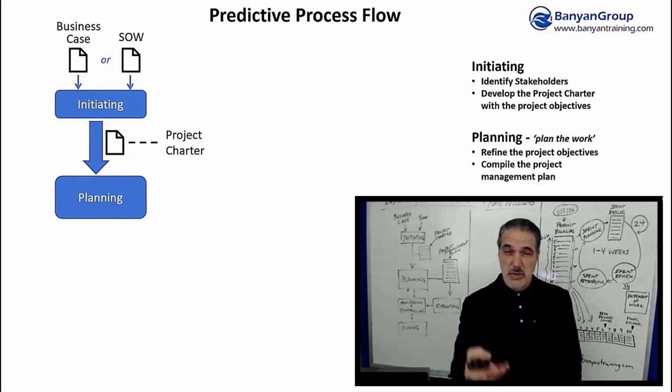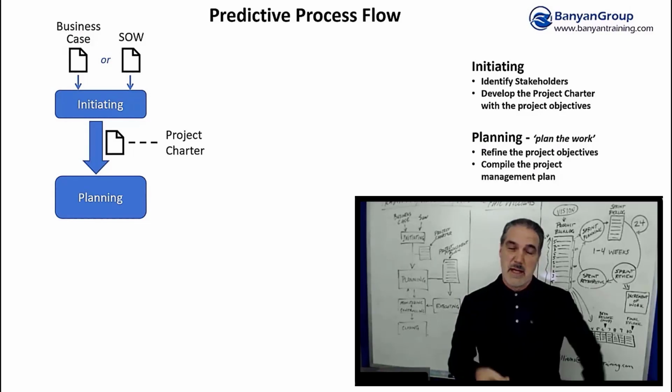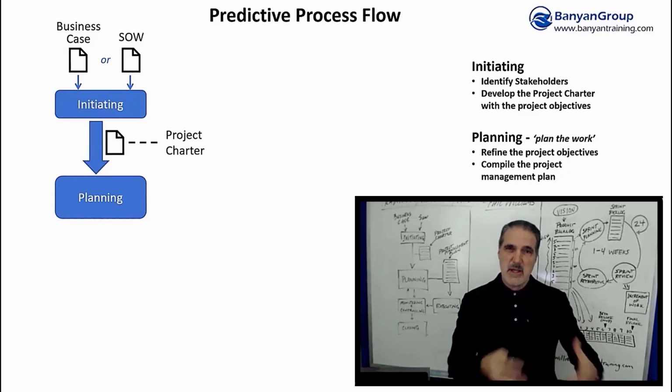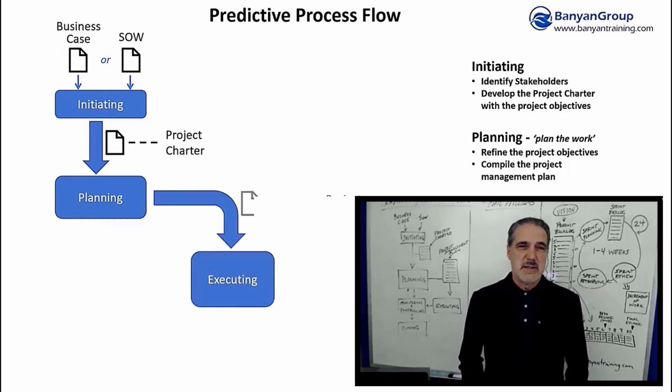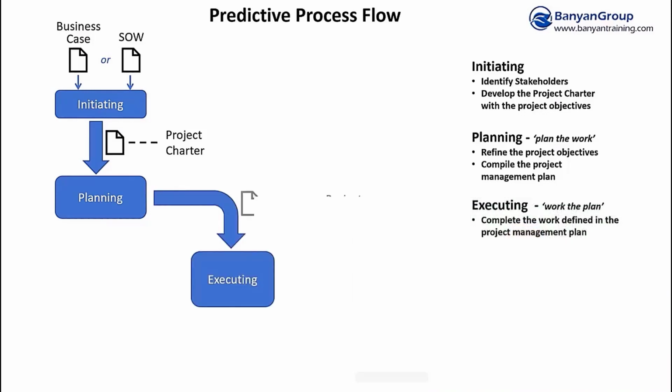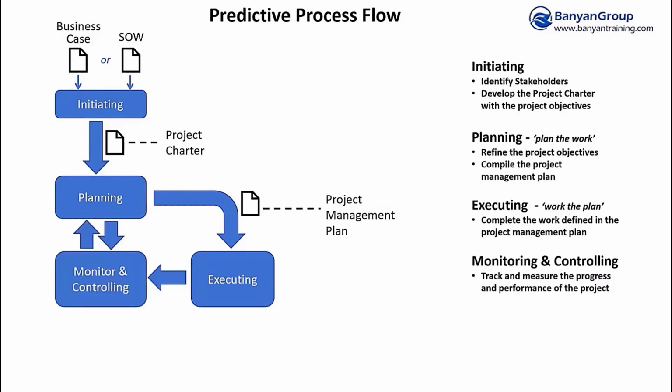So you've got your charter coming from the initiating process group, flowing into planning. It's a high-level document that in planning you will build out into a detailed project management plan. A little bit later we'll show you what the components of the project management plan are, but all of that is developed in planning, and that becomes a roadmap for your executing processes. Executing is about doing the work.